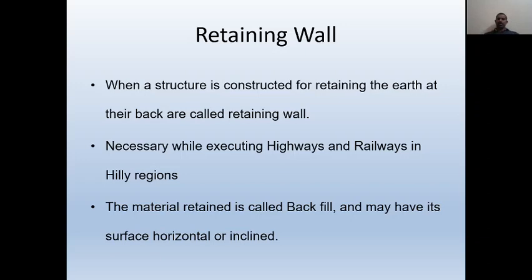The material retained is called backfill and may have its surface horizontal or inclined. We have discussed it. When it is inclined, the angle it makes with the horizontal level at the top of the wall is nothing but the surcharge angle.